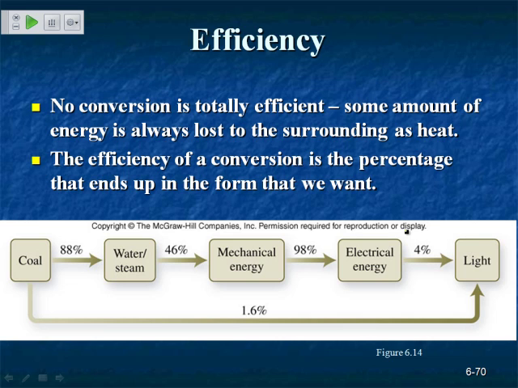Here is a breakdown. The coal which you use in your steam boiler, 88% of the heat energy is used to heat your water to steam, and 46% of the heat energy from the steam is used to run the steam turbines. 98% of that energy gets converted to electrical energy.